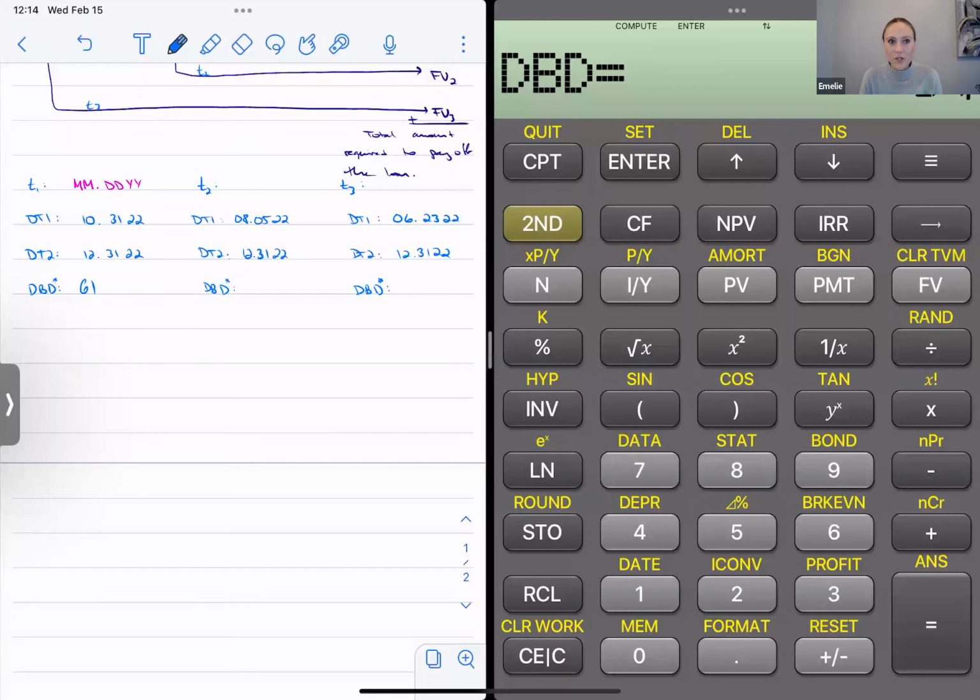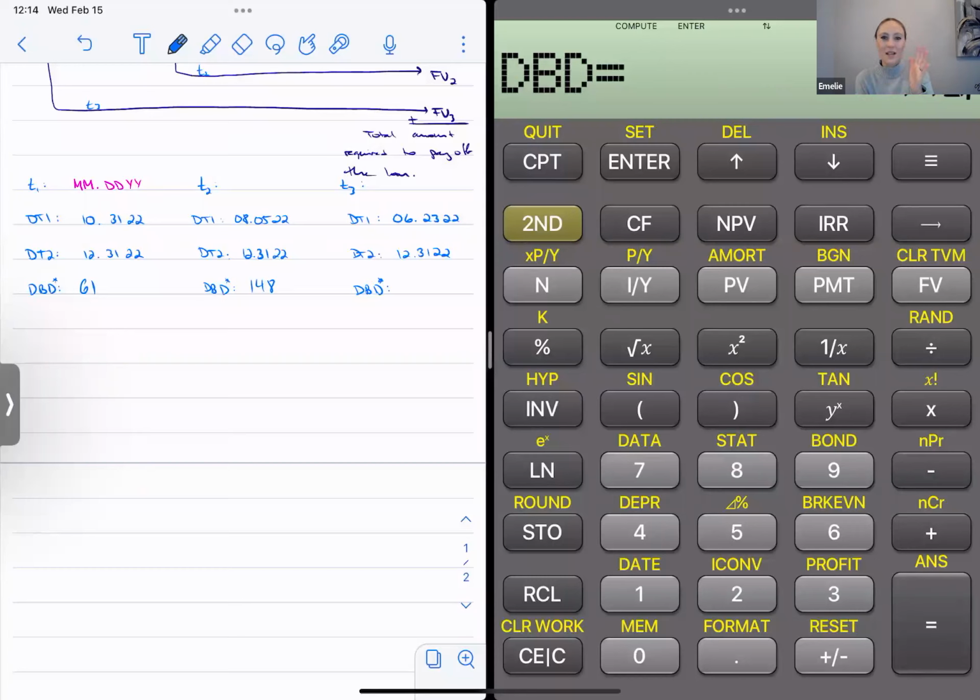I don't need to leave the screen or anything like that. I can just scroll up, change date 1, scroll back down, and compute the days between dates. So it's relatively quick here. Date 1 is the one I want to change to 08.05.22, enter. Then I scroll down and compute: 148 days. You always want to check that what you're getting makes sense.